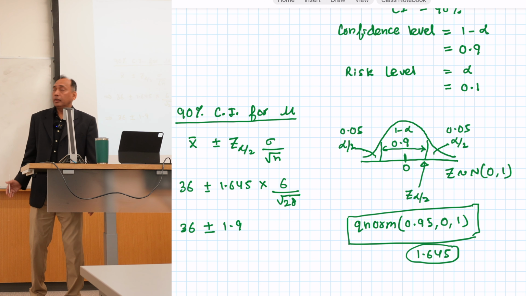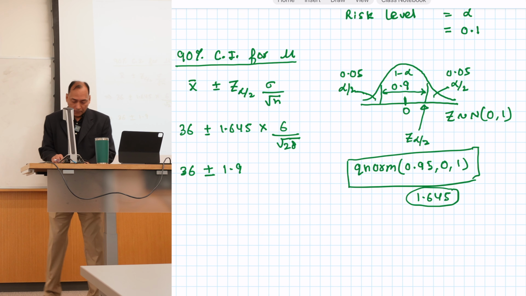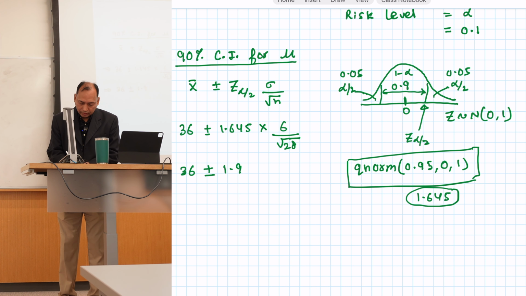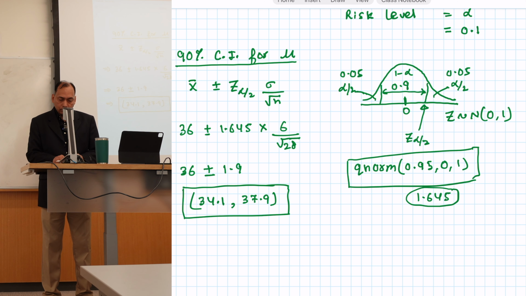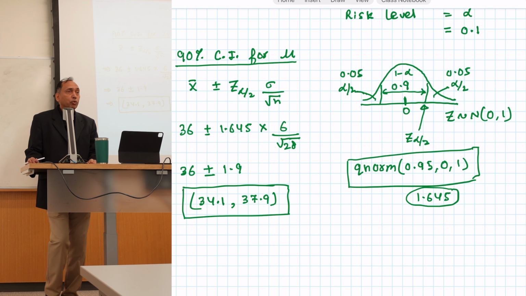So pizza delivery has that much of variability. Or you can even write something like this. 36 minus 1.9 is 34.1, and if you add, you get 37.9. So pizza delivery will take anywhere from 34.1 to 37.9 minutes.